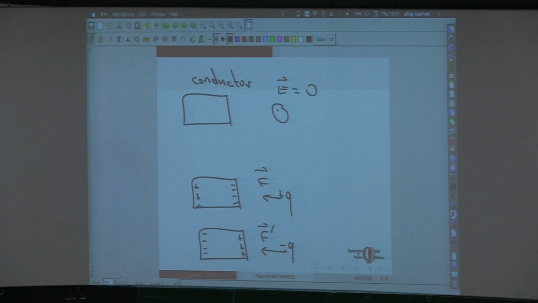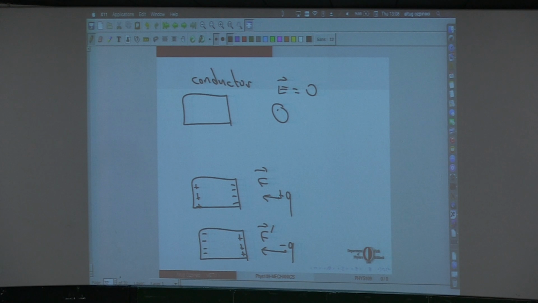Now, the problem is that if we calculate this force and divide by the charge Q, we will get an electric field, but it will not be the electric field of this system. It will be the electric field of the system in which the negative charges are on one side and positive charges are on the other side. So the larger the charge we put in, the larger the deviation of my system from the original system would be.